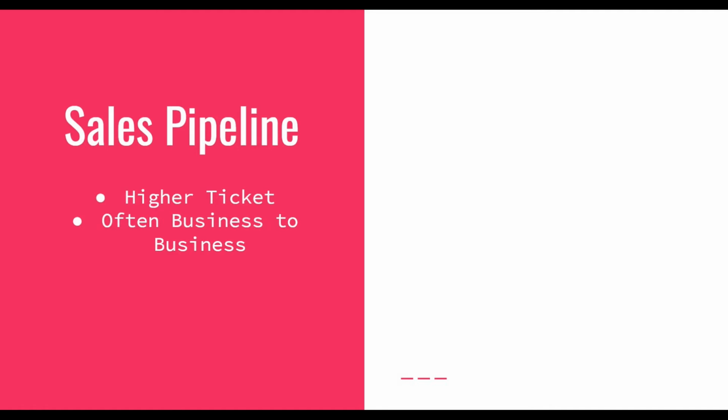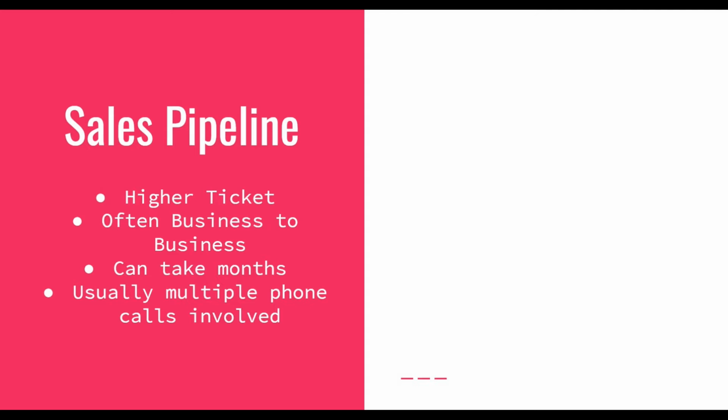You can use a sales pipeline for business to consumer stuff, but it tends to be more business to business. Also, like I said about this being longer, it can literally take months to move someone through an entire sales pipeline.